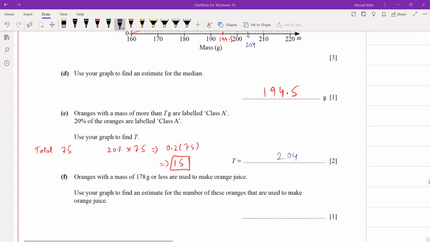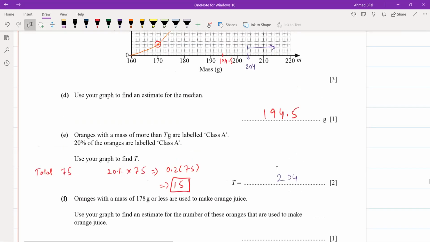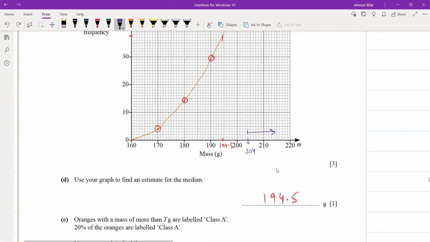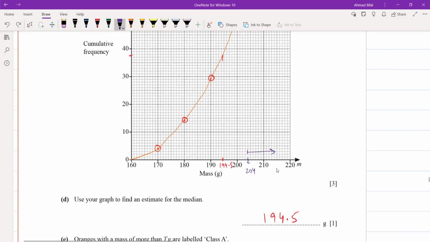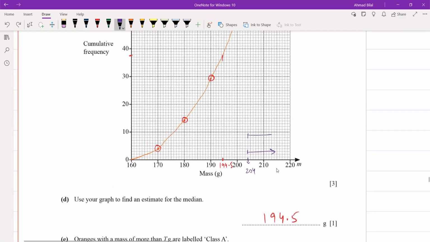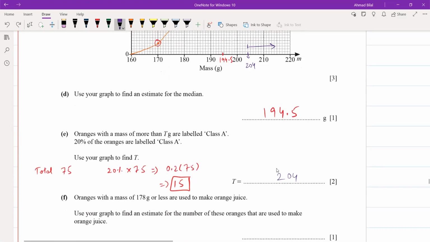Okay, let me just explain this again. So oranges that have mass more than a particular value are labeled class A. Now there is some value here on the x axis, and if your weight, your mass, is more than that on the right side, then you are labeled class A. Okay, what information has it given about that? 20% of the oranges are labeled as class A. Okay, so there were 75 in total.